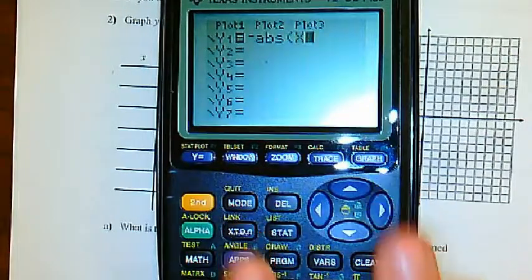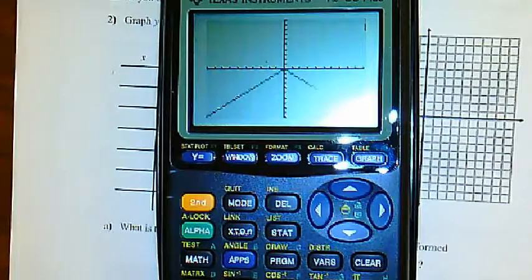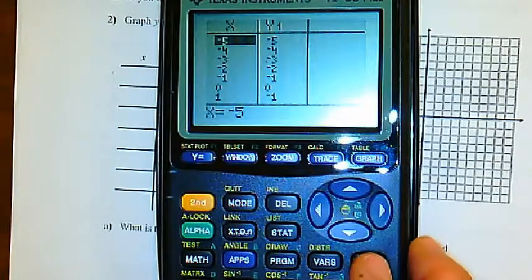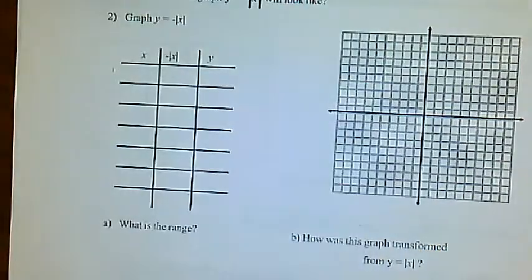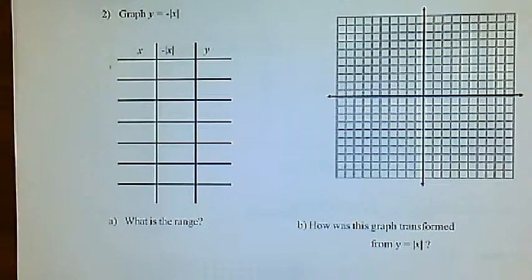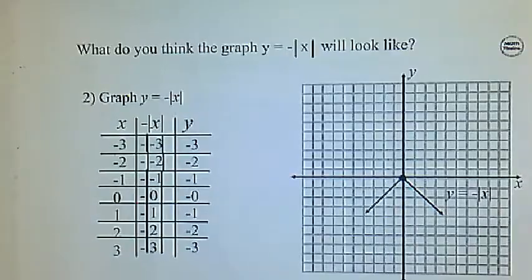Okay, we're just doing x. Okay, so notice our graph reflects over the x-axis. Look at our table. We get the same exact thing, but because the negative is on the outside of the absolute value, our answers can be negative. Normally that's not true, but because of the fact that the negative is on the outside, that can happen.